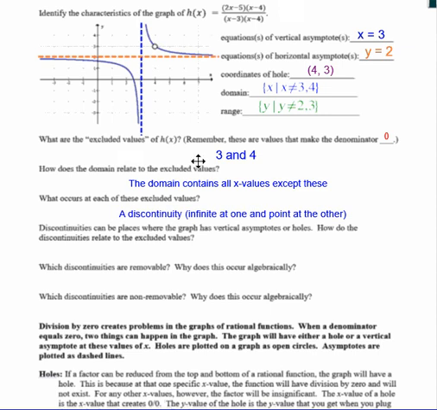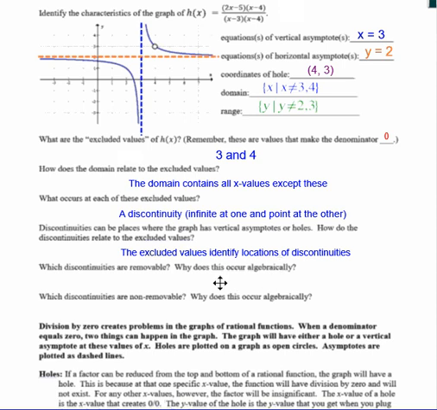At the asymptote, we have an infinite discontinuity, and at the hole, we have a point or removable discontinuity. So those discontinuities are the places, remember, where we have asymptotes or holes, and how are they related to those excluded values is that those excluded values themselves actually identify the locations of those discontinuities.